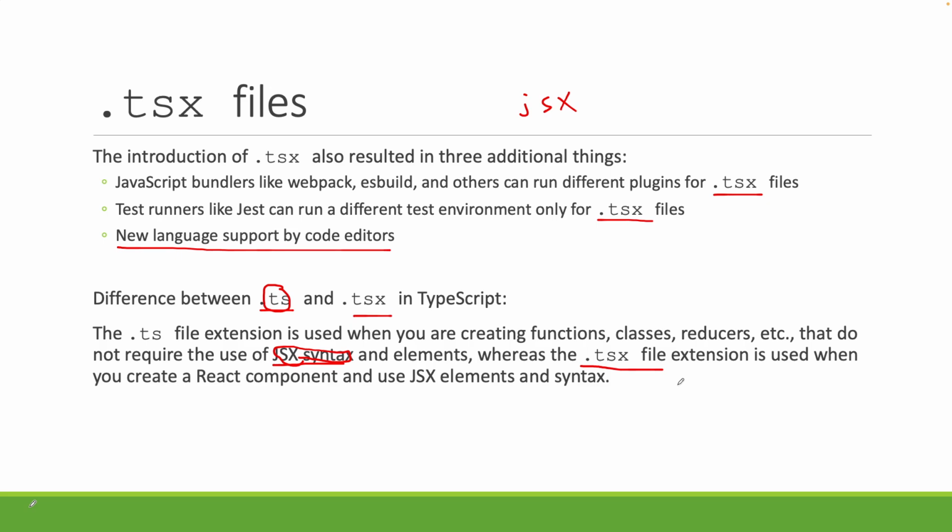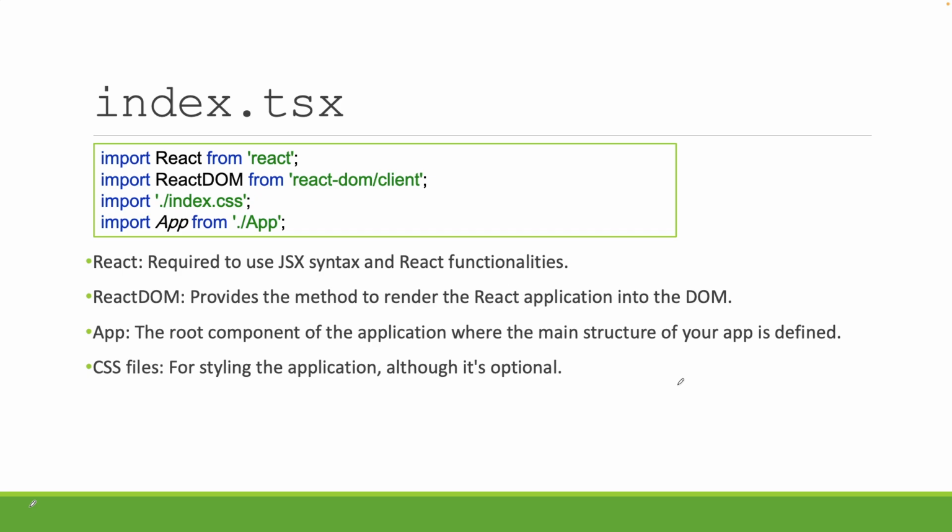But if you have some code that has JSX syntax, then that file must be a .tsx, because the TS file doesn't understand the JSX syntax. Once you develop more and more with React, you will naturally understand the difference.